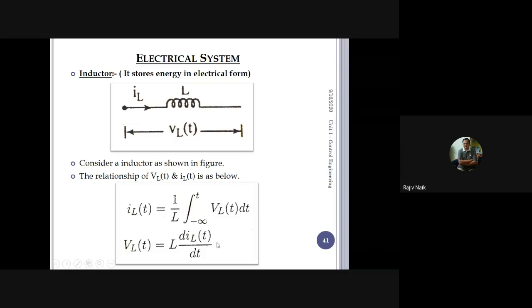This is what it says. So these are the three basic electrical components. From these three basic components, we can build some electrical systems, and from those electrical systems, we can find their transfer function.